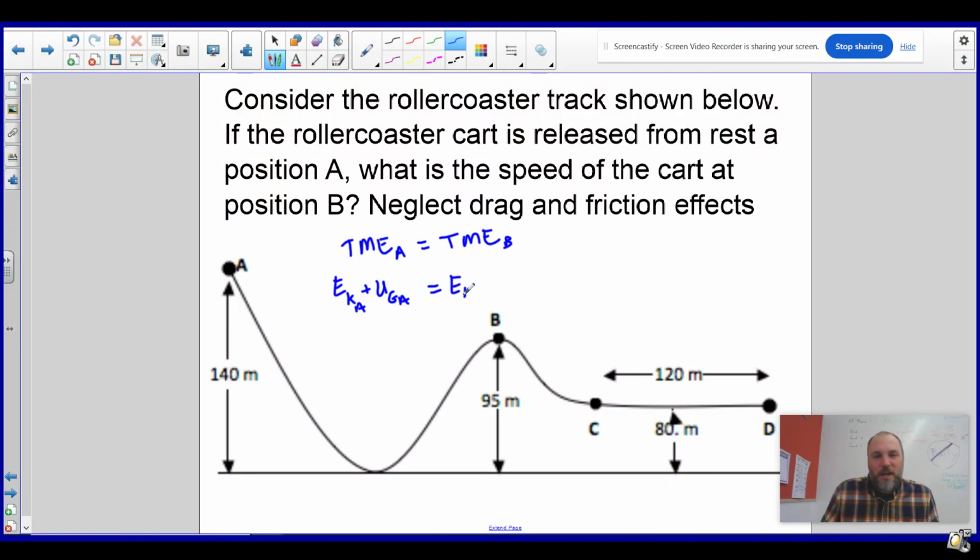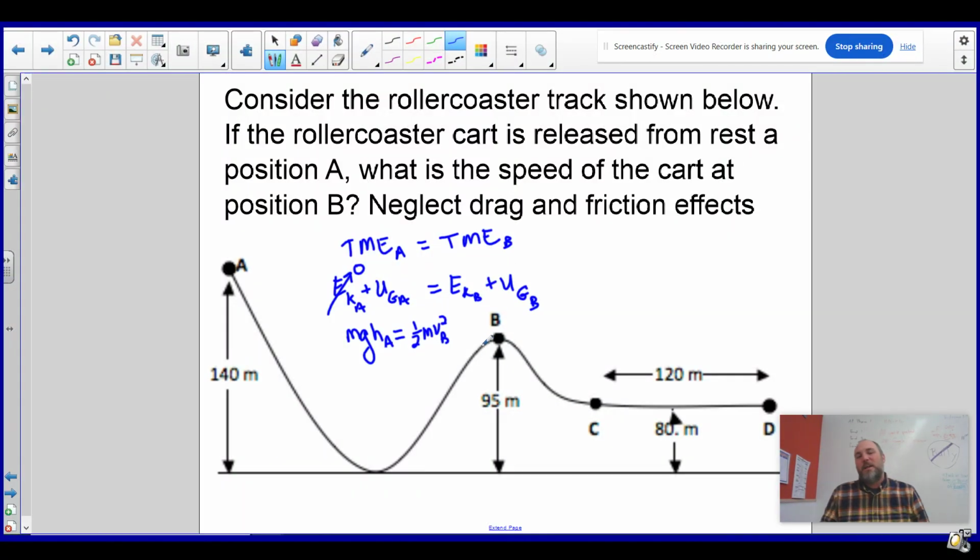So we can look at the kinetic energy at B and the gravitational energy at B. Now, if this object is released from rest, I can say that the initial kinetic energy is 0. The initial potential energy is just mg times the height at A. At position B, the kinetic energy is 1/2 times vb squared plus the potential energy.